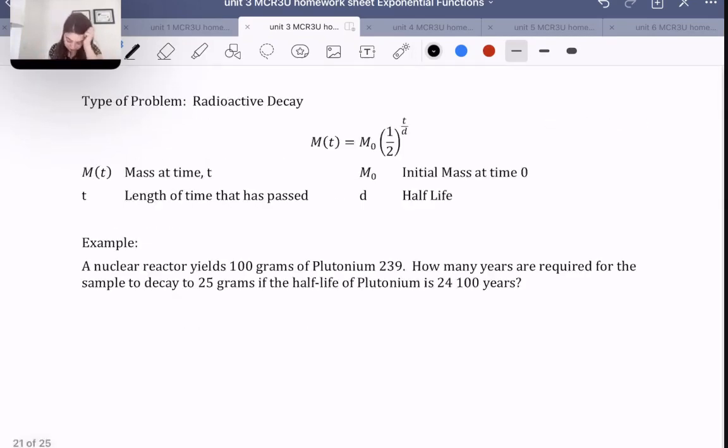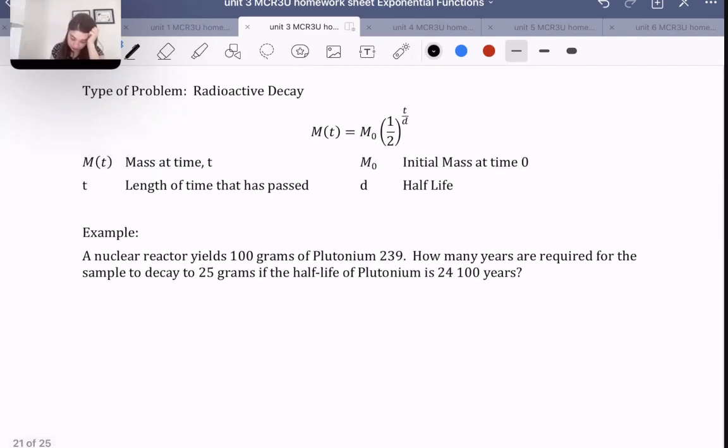Okay, so let's read example 1. A nuclear reactor yields 100 grams. Okay, that sounds like initial mass of plutonium 239. How many years are required for the sample to decay to 25 grams? Okay, sounds like M of t is 25 grams, right? We're going down to 25.